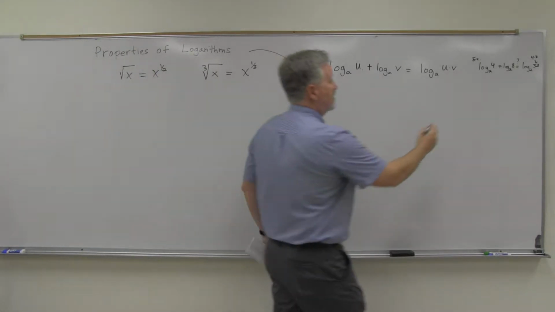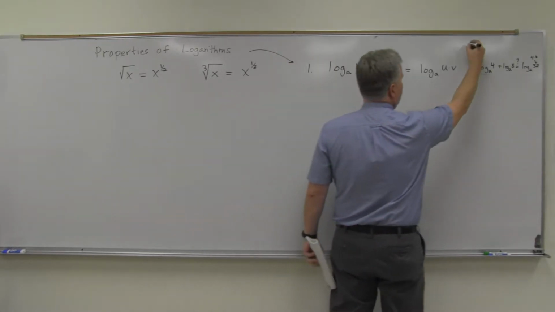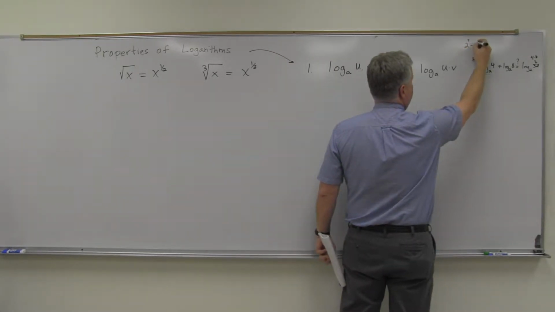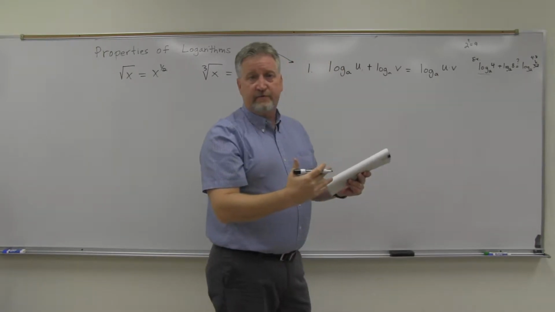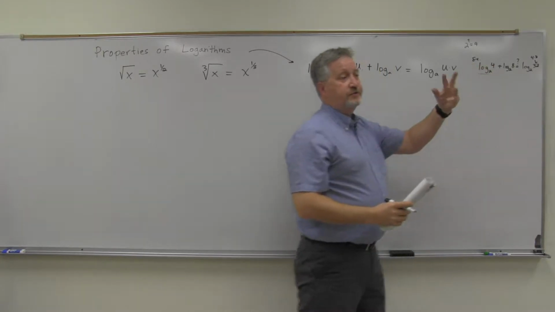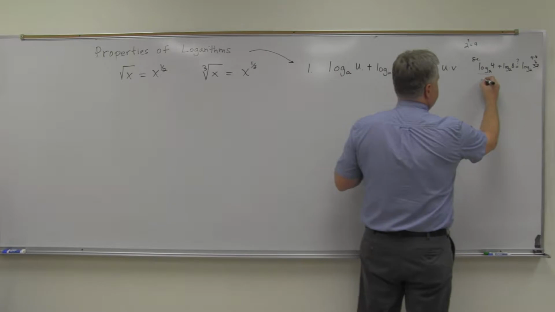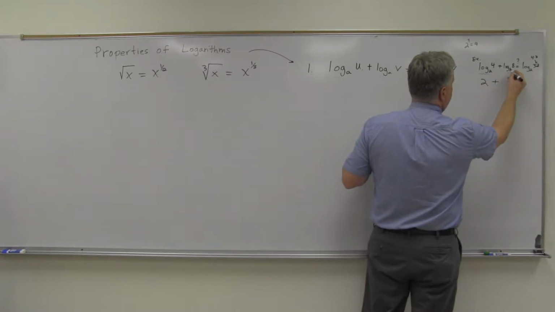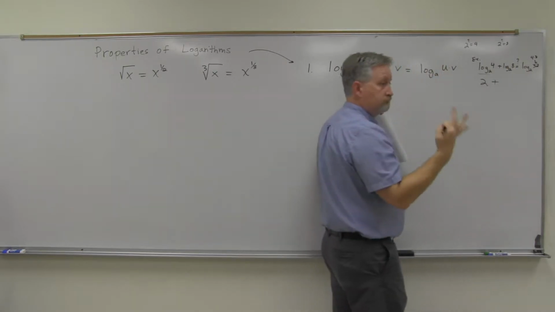true, because what is the log base 2 of 4? Well, that's 2 to what power is 4, right? Changing it back to exponential form, 2 to what power gives me 4? 2, isn't it? So this is 2. Log base 2 of 8, that's 2 to what power is 8? 3, right?